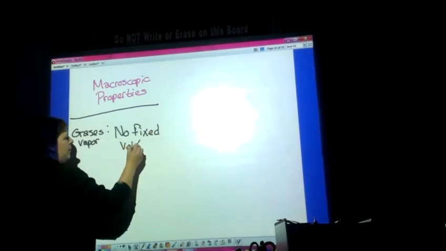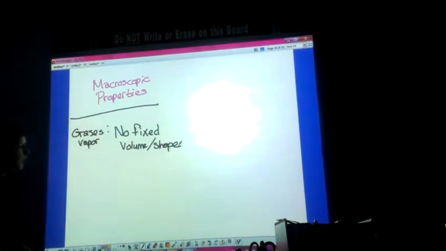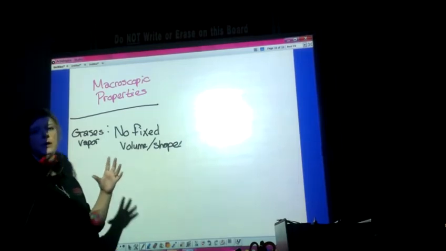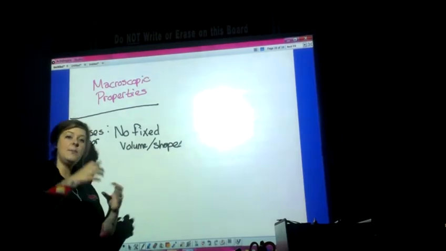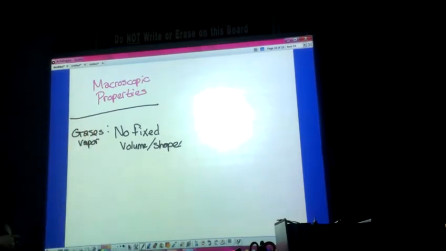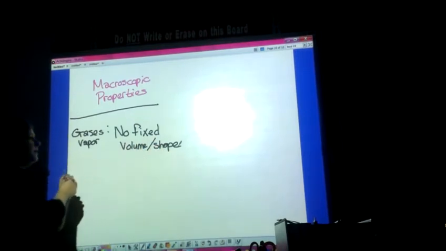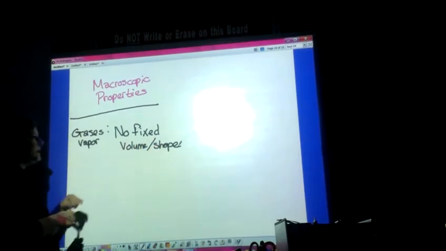So no fixed volume or shape. Okay? And we know it could conform. It's going to ultimately stay in the container that it's in, but it could make that container expand like a balloon. So I could have gas that I add into a balloon. That balloon can stretch based on elasticity.